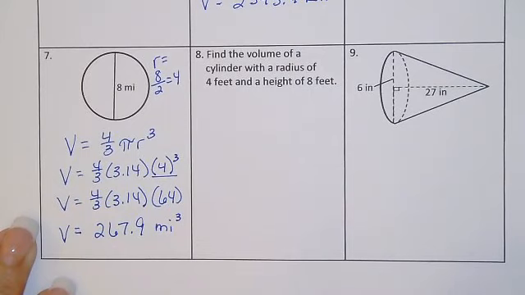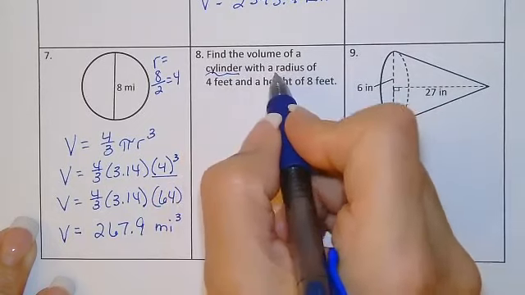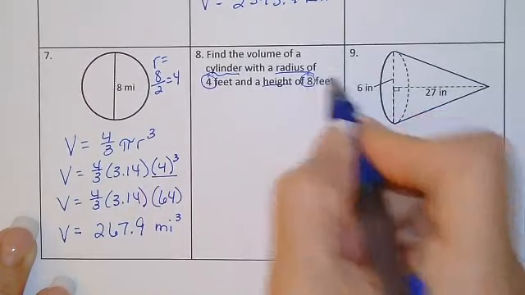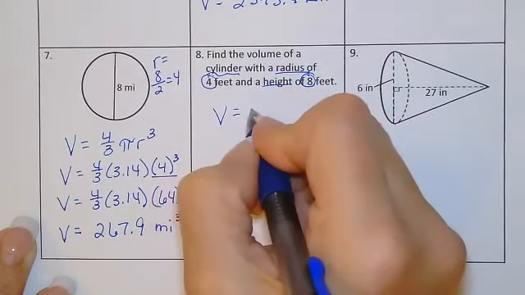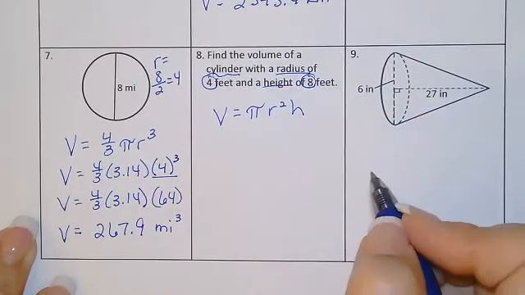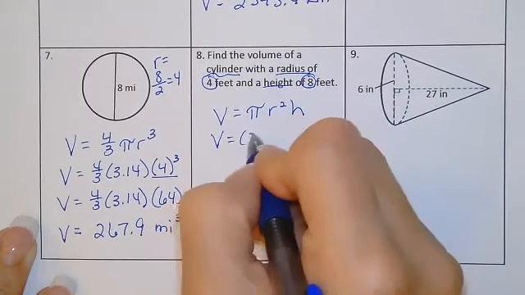Number 8, find the volume of a cylinder with a radius of 4 feet and a height of 8 feet. Okay, so we're dealing with a cylinder, radius of 4 and a height of 8. Start with our formula. Volume equals pi r squared h. Substitute.